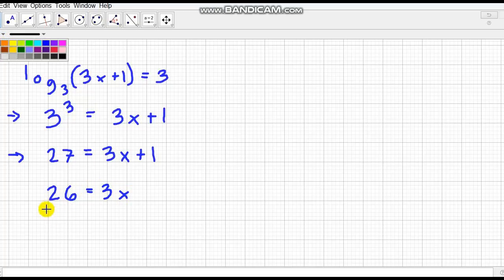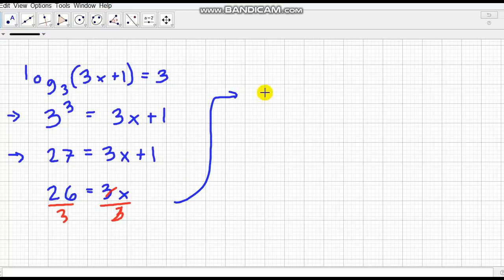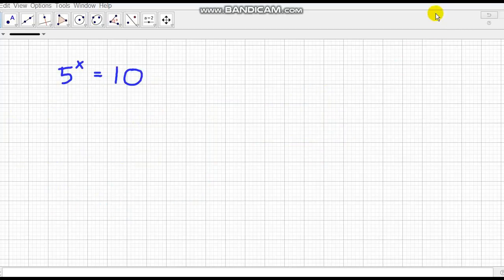After that, let us divide both sides by 3. This means that x is equal to 26 over 3. So this is our final answer for the value of x in this expression. X is equal to 26 over 3.